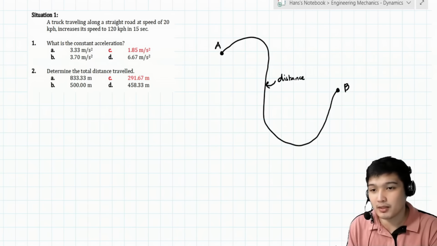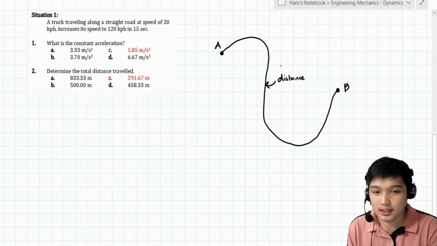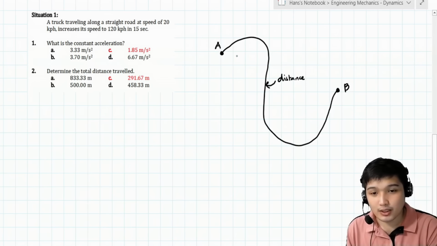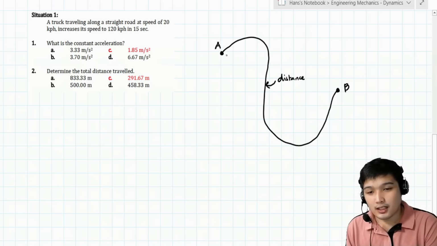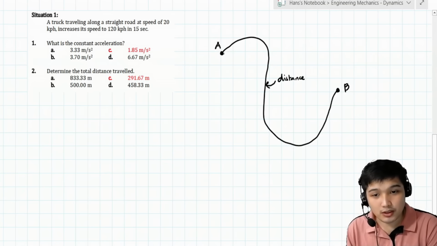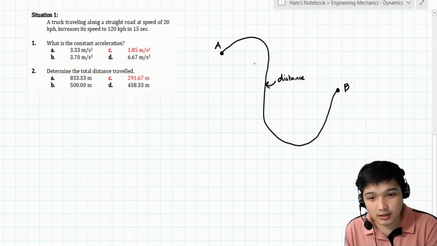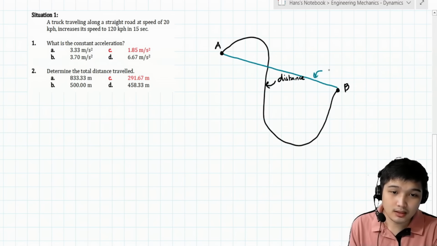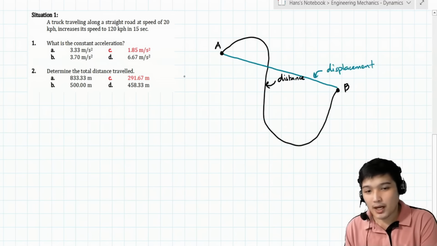Okay, so pag sabi naman natin class na displacement, that is actually the straight line connecting the initial and the final position. So this one is the displacement. Okay? So bakit kailangan i-discuss yan?